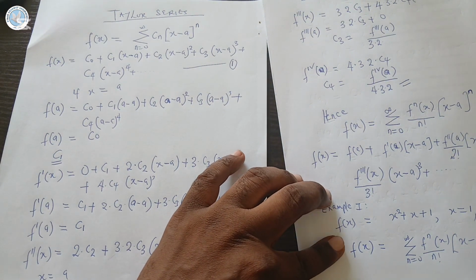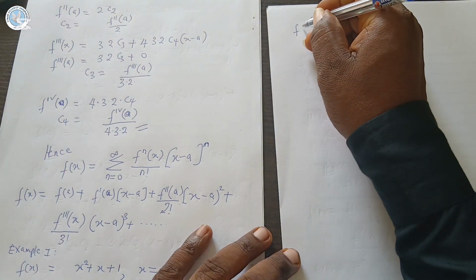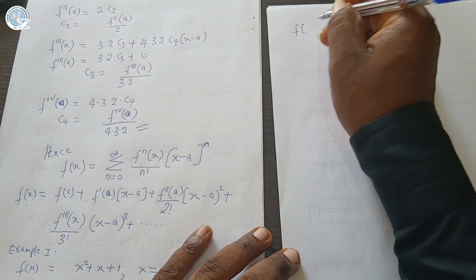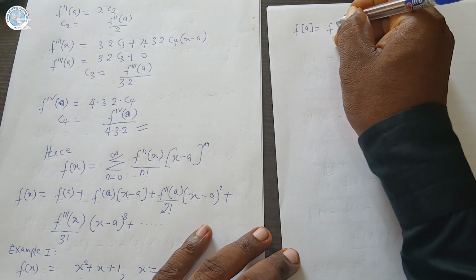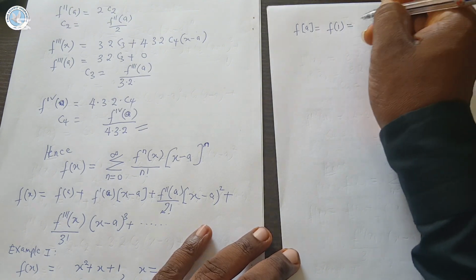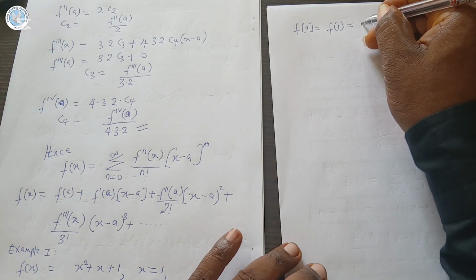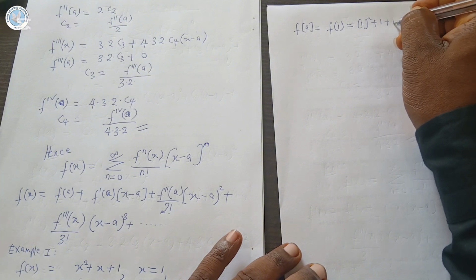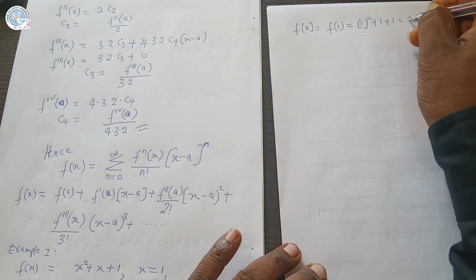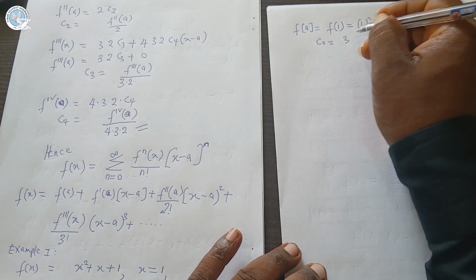So at this point, we can realize that f of a, which is equal to f of 1, is giving us 1 raised to the power of 2 minus 1 plus 1, and that is 1. Hence, your c0 is 1.